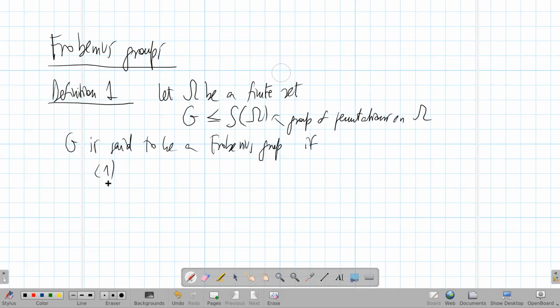The first property is that G is transitive. Okay, so this means that there is a unique orbit. So G has a unique orbit on omega. And recall that this implies that all stabilizers are conjugate.